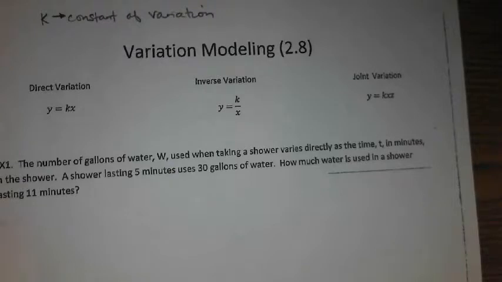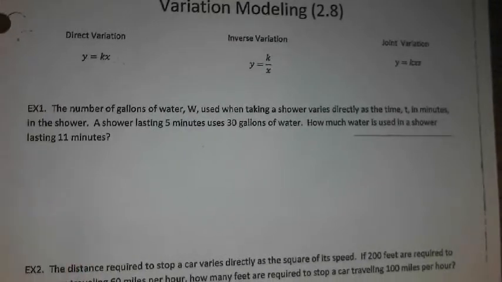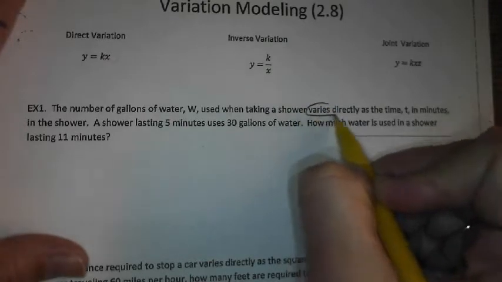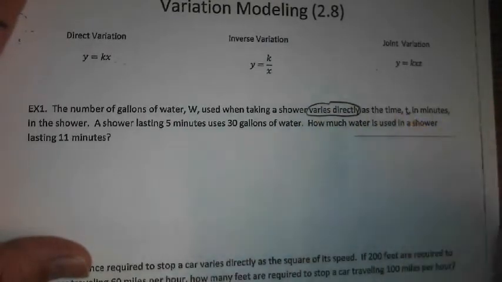Okay, so example 1: the number of gallons of water used when taking a shower varies directly. It will always use the language verbatim: varies directly, varies inversely, varies jointly. So varies directly as the time in minutes.